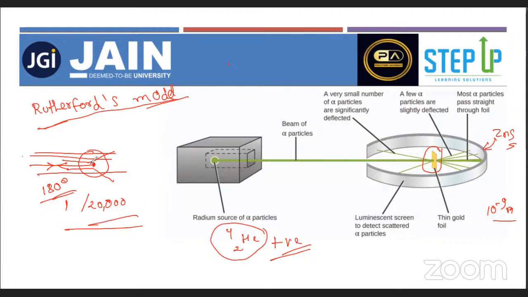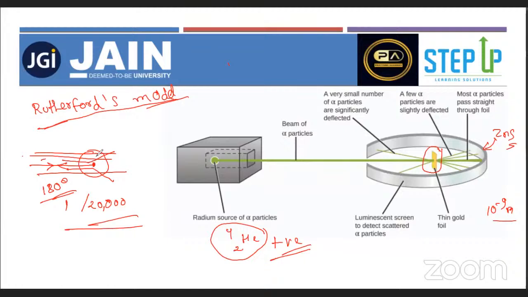Again, you can see there is smaller deflection when it is nearer to the center, and most of the particles are passing through. So he said that most of the atom is vacant space, and there is something at the center which occupies a very small part of it.